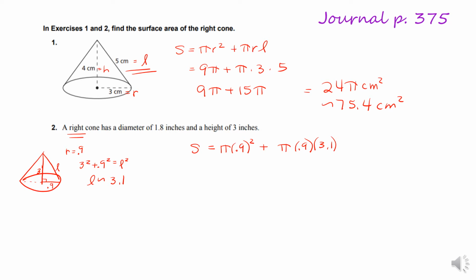Okay, so now that equals 0.81 pi plus 2.79 pi, which gives me a grand total of 3.6 pi, which is approximately 11.3 inches squared. Okay, don't forget it's inches squared. All right, so go back and look at that if you need a little bit more time. But if you have a right cone, that is always how you can find your slant height. So that's kind of cool.